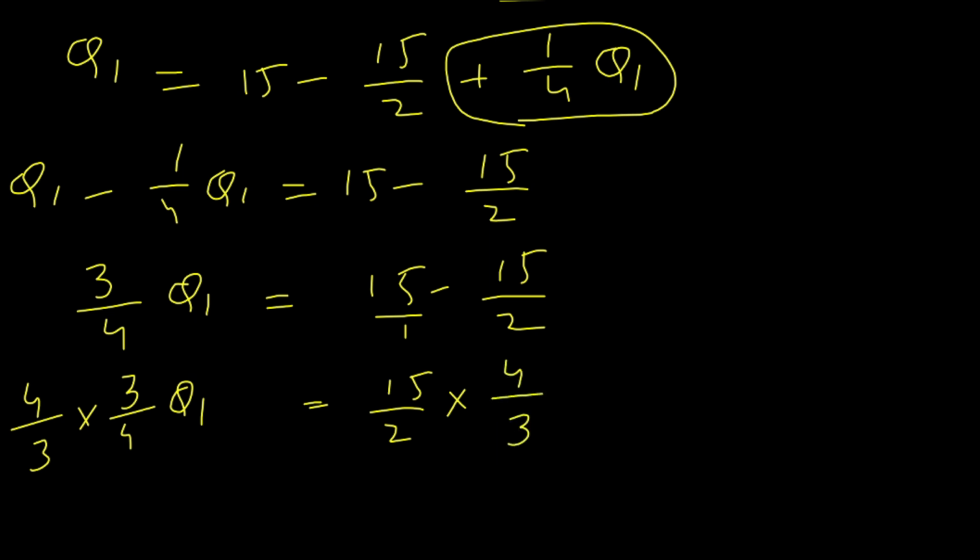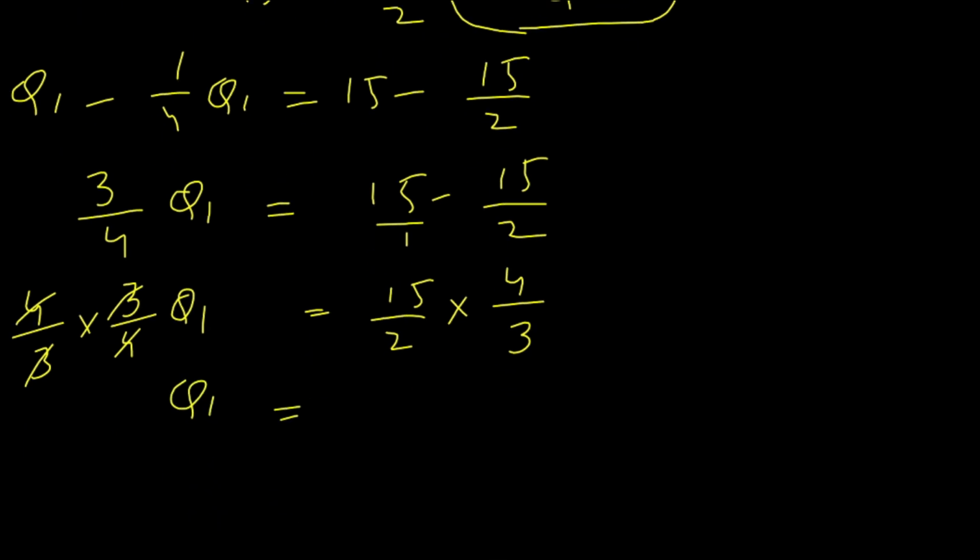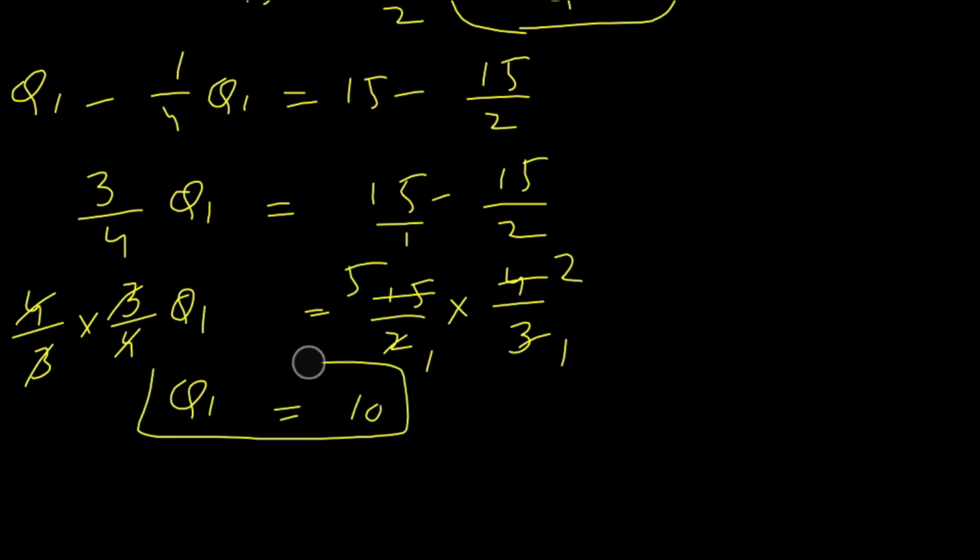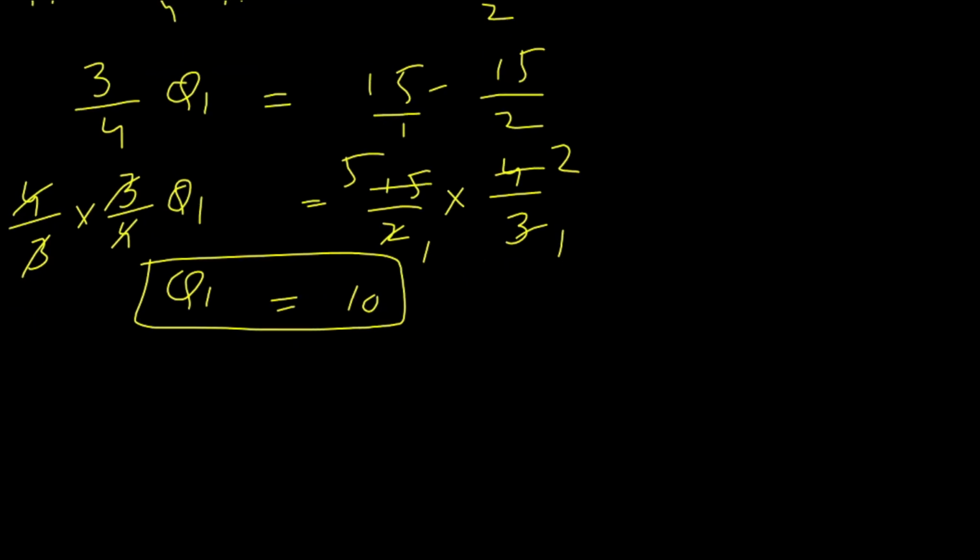So this 3 and 3 will be cancelled, 4 and 4 will cancel each other. We have now Q1 equals, and we can solve it further, 2 1s are 2 and 2 2s are 4, 3 1s are 3, 3 5s are 15 and 5 2s are 10. So quantity of the first firm is equal to 10.